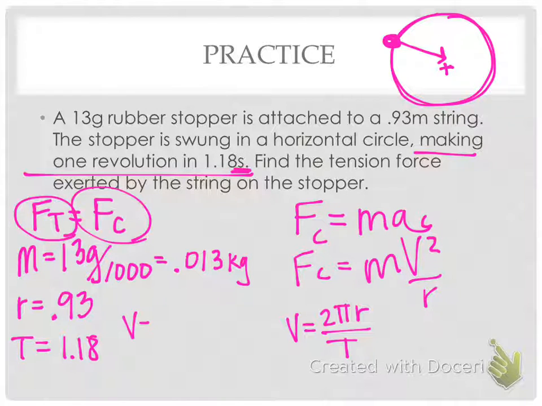Okay, so velocity equals 2 times pi times r over T. You can use the pi button or you can use 3.14. It's going to make a tiny bit of difference in the rounding. It's not a huge deal. I usually use the pi button.